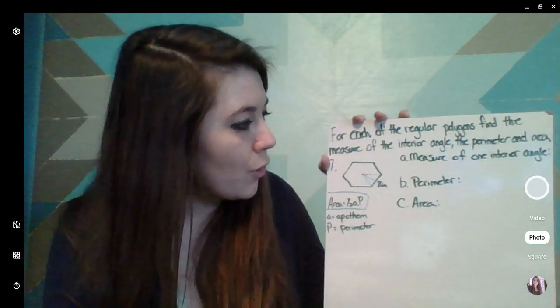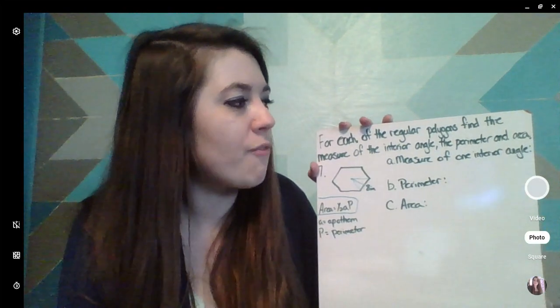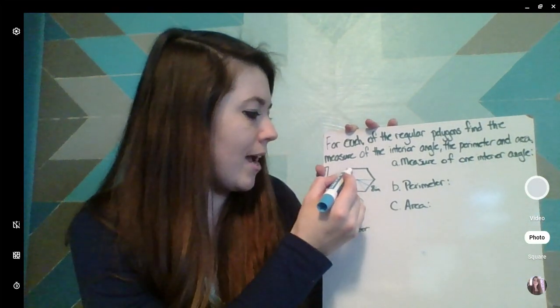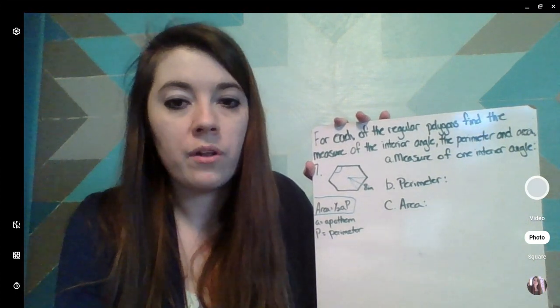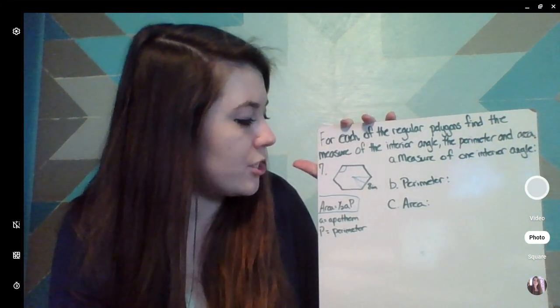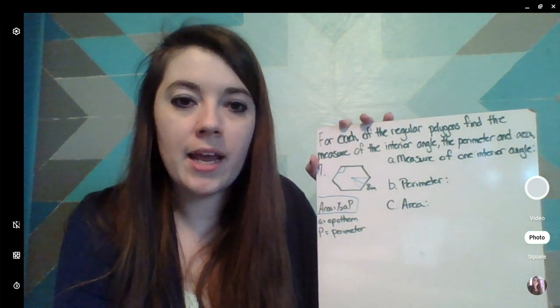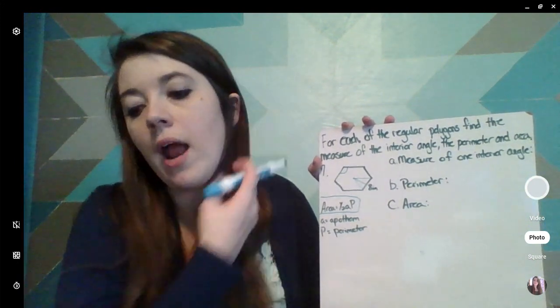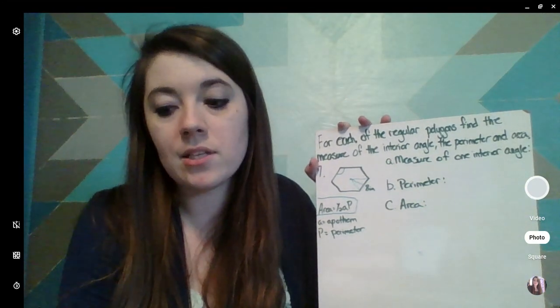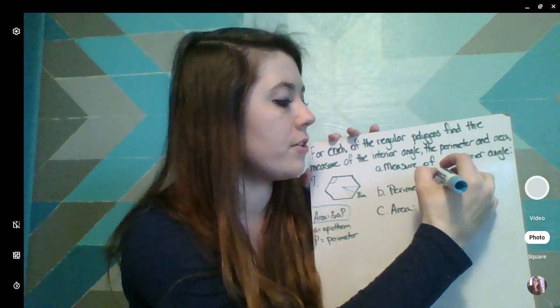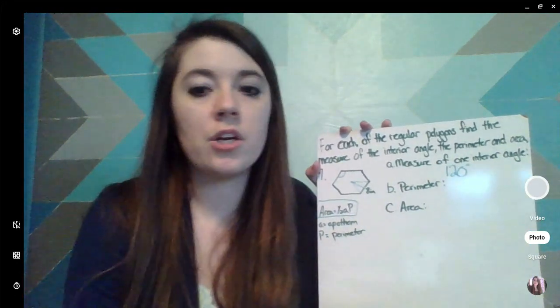So first and foremost, we have to find the measure of one interior angle. An interior angle would be like this angle right here. So when we're doing these, we have to think about how many sides there are and calculate it. So in a hexagon, there are 120 degrees.